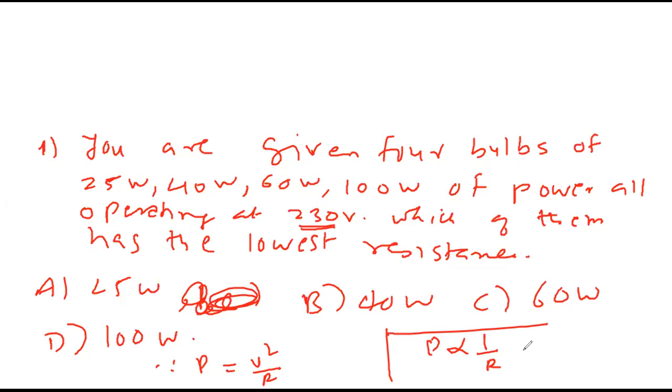Yes, sir. So that bulb whose power is maximum will have lowest resistance because it is inversely proportional. So resistance R is inversely proportional to P. R will be least if P is maximum. Who is maximum? 100. So answer is 100 watt. Right solution.